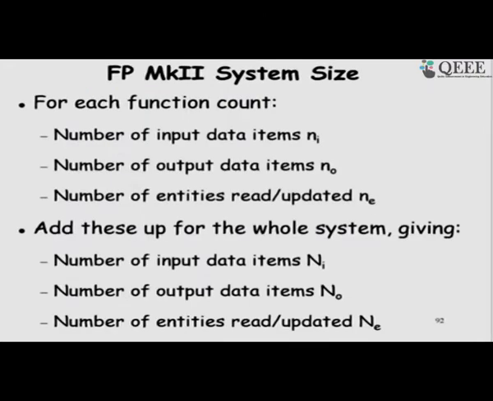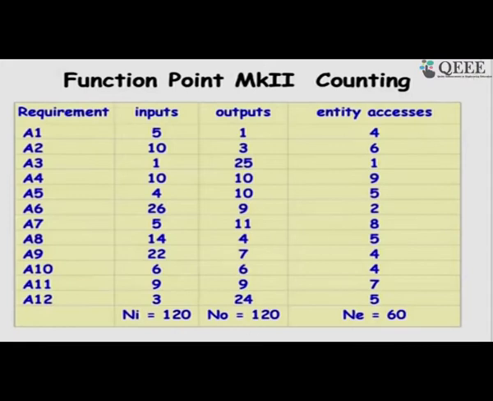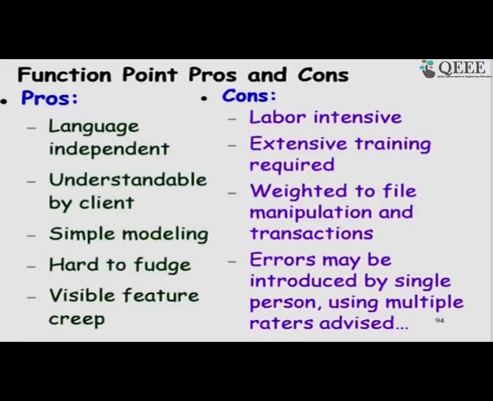Based on that we can compute NI, NO and NE and quickly get the result. This is a larger example where we look at every requirement in the SRS document, find the input, output and entities accessed for each, sum them up, and then use that in the expression to obtain the function point Mark II.